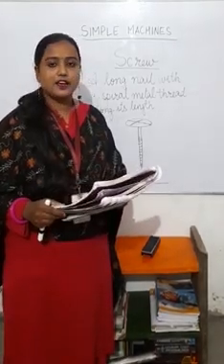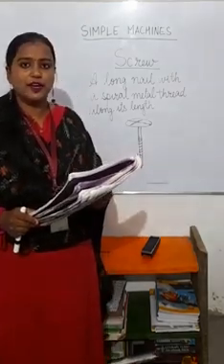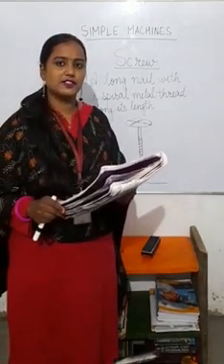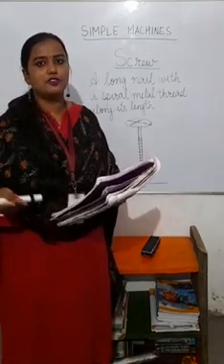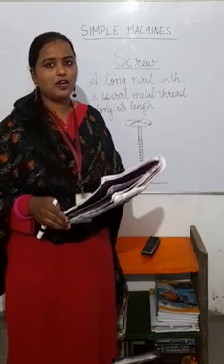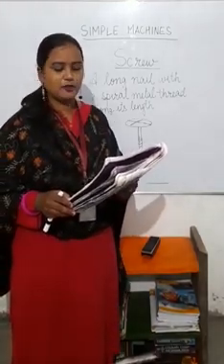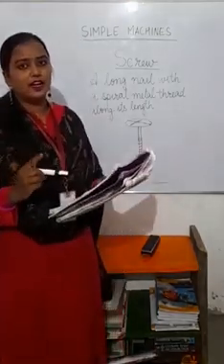So you can see here we have an activity, you can perform it, and after performing this activity you can paste this nail which you have turned into a screw into your science notebook. So how to do it? You have to take a triangular paper, and you take a nail.